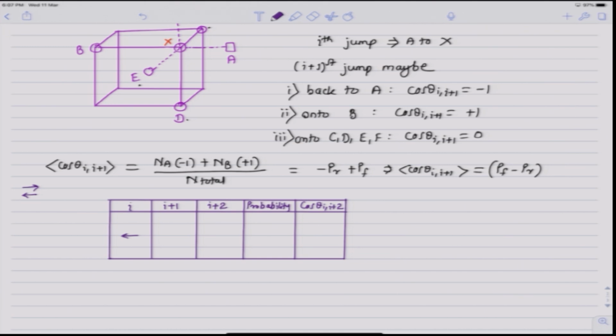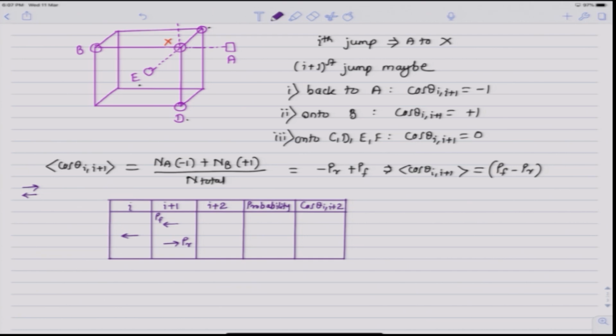Now, the i plus first jump may be a reverse jump or a forward jump. So, if the i plus first jump was from right to left, it would be a forward jump, the probability of which would be PF, and if it was from left to right, it would be a reverse jump, the probability of which would be PR.